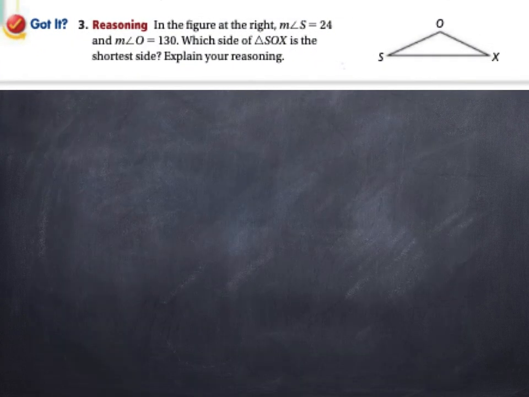Okay, so let's have Got It 3. In the figure at the right, the measure of angle S is equal to 24 and the measure of angle O equals 130. Which side of triangle SOX is the shortest side? Explain your reasoning. So here it is given that the measure of angle S is 24 and the measure of angle O is 130.